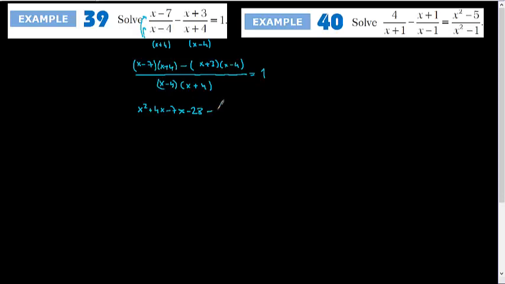Here I have the minus, so I'm going to multiply only inside. x times x is x squared, x times minus 4 is minus 4x, 3 times x is 3x, 3 times minus 4 is minus 12. And all over again it's going to be x minus 4 times x plus 4. Actually we don't need to multiply this one, because it's x minus 4 times x plus 4, and this is equal to 1.